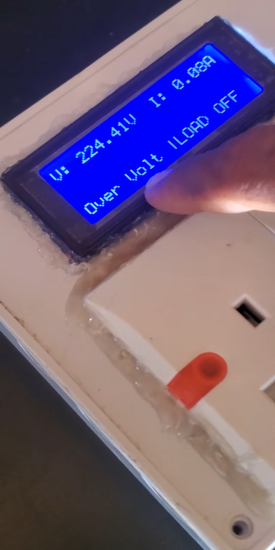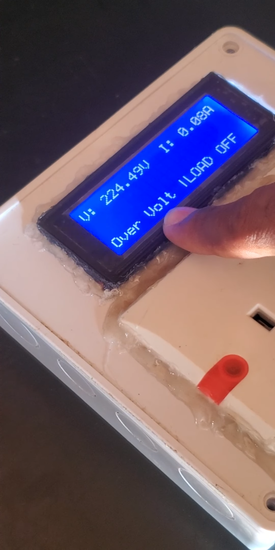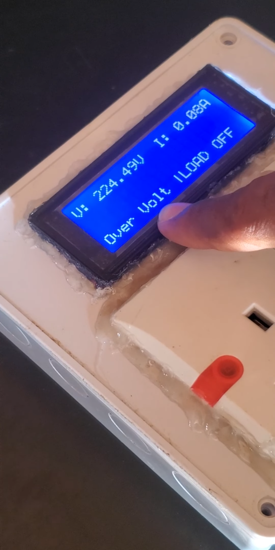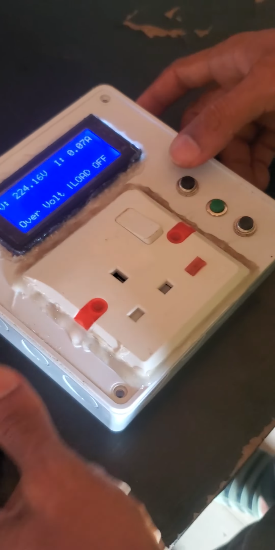Why? Because our input voltage is higher than our minimum set voltage.